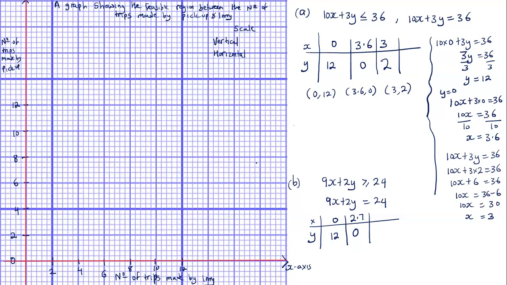Someone is saying 3. Okay. Now for me, I can start with the 2. When I drop here a 2, you notice that I'll have 9 times 2 plus 2y is equal to 24. So 2y is equal to 24 minus 18. So 24 minus 18 will give us a 6. So 2y will equal 6 and y will equal 3. So here I can have my 3, which is very okay.